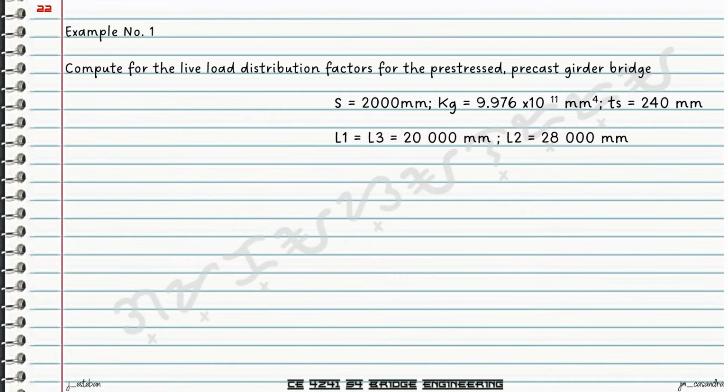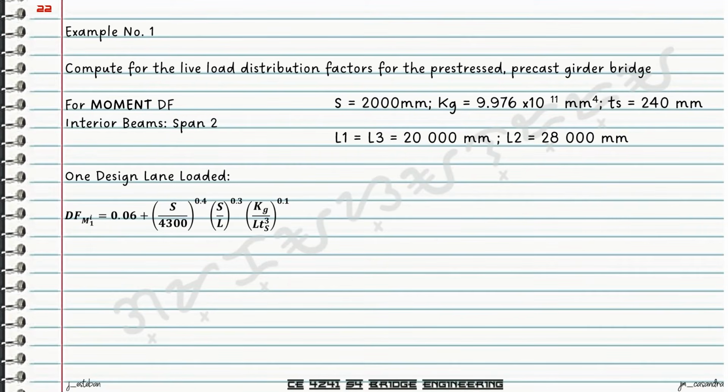So next we solve for the moment distribution factor for interior beams for span 2. So same process as span 1 and span 3. We'll be solving for the distribution factor for one design lane load using the equation from table 4.6.2.2.2b-1.